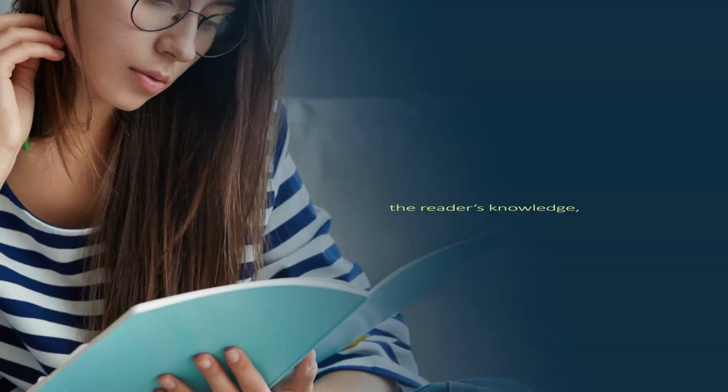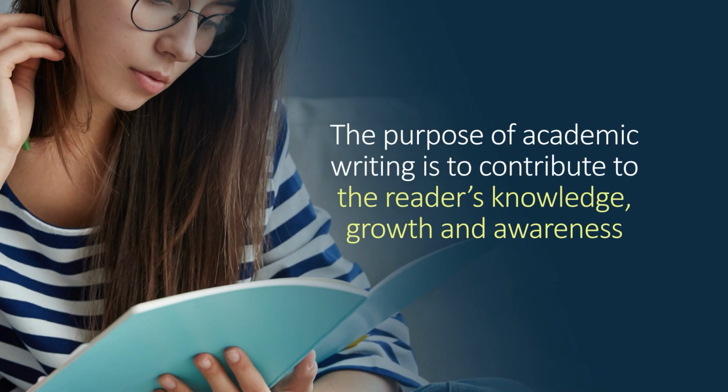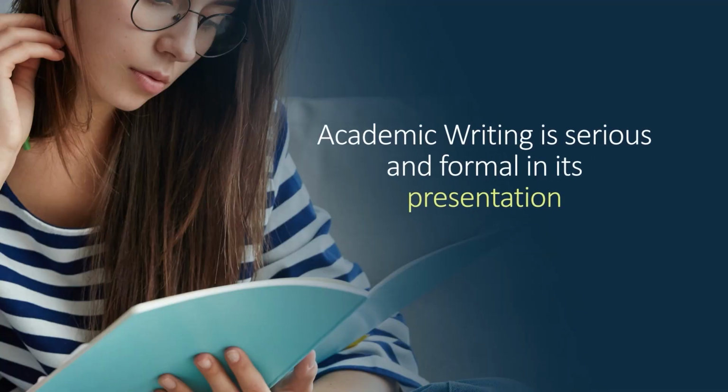The purpose of academic writing is to contribute to the reader's knowledge, growth, and awareness. Where non-academic writing uses informal tone, academic writing is serious and formal in its presentation. The language and tone of academic writing is marked by a certain gravitas and sobriety, leaving no room for frivolity.